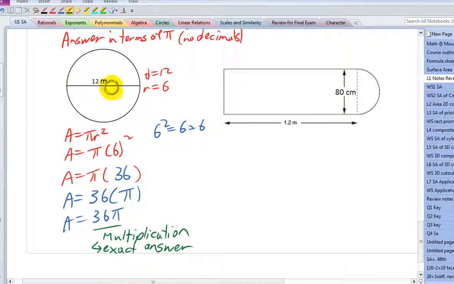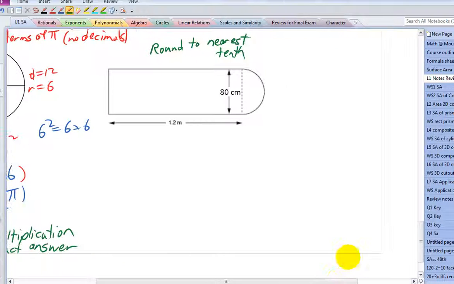This is a plain circle, no other shapes. What do we have here? Half a circle plus a rectangle. So here you're going to have to give me decimals. Round to the nearest tenth.